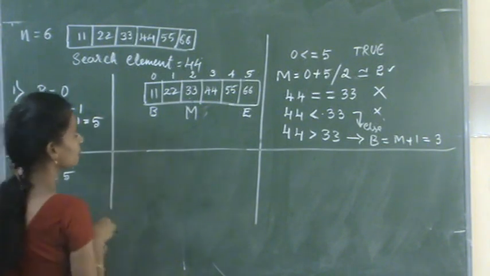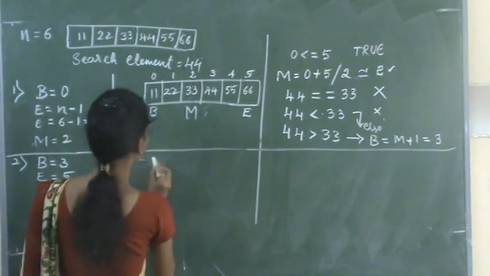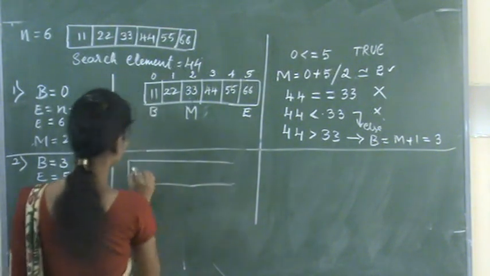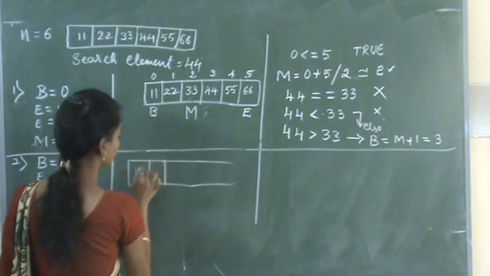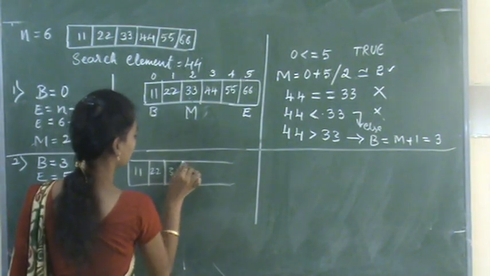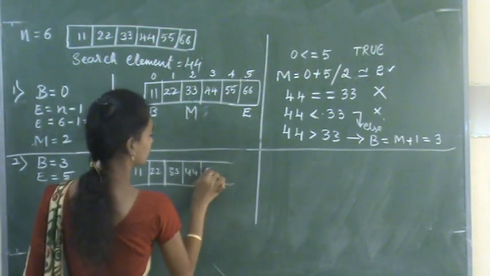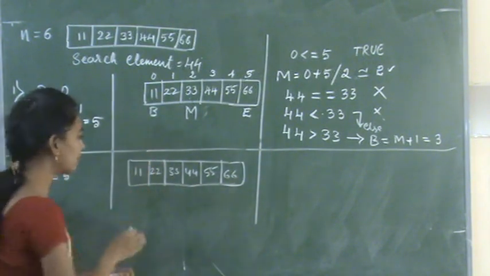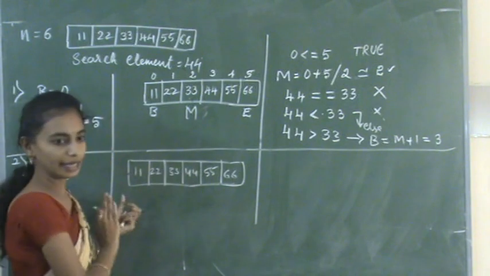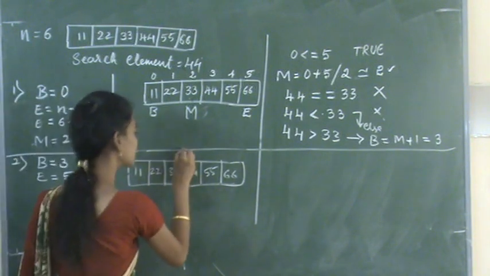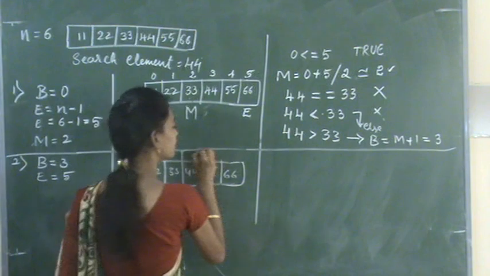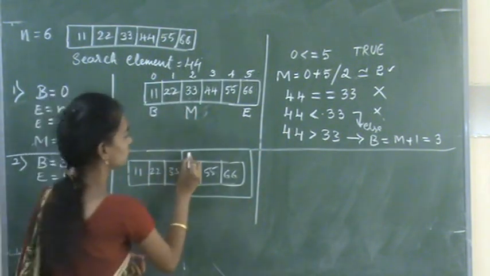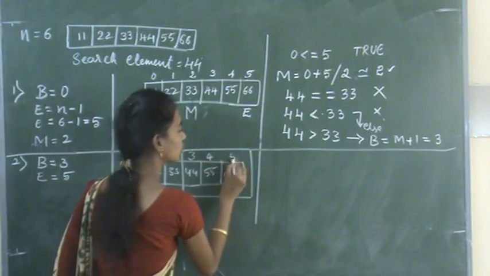So now the array becomes smaller. We are not comparing all these array elements; now we are considering only this part: indices 3, 4, 5.